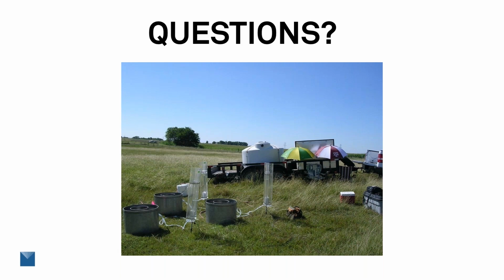Okay. Using the double ring infiltrometer, what will be the measured saturated hydraulic conductivity? That's a really good question. So with the double ring infiltrometer or with any ring infiltrometer, what we're doing is we're infiltrating water until we reach a steady state.